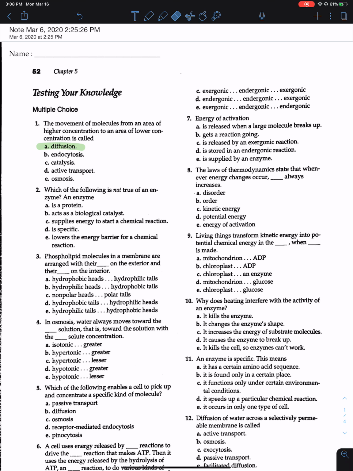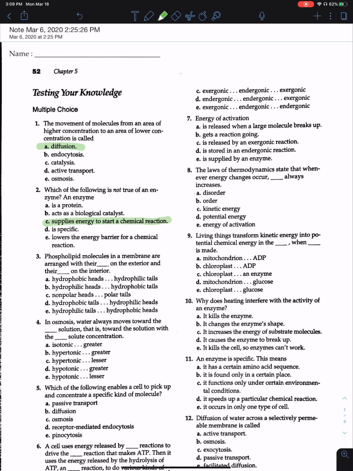For number two, which of the following is not true of an enzyme? The correct answer is C. An enzyme does not necessarily provide energy to start a chemical reaction. All the other things are true. An enzyme is usually a protein.